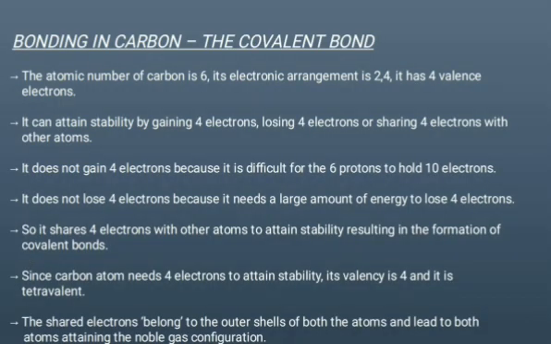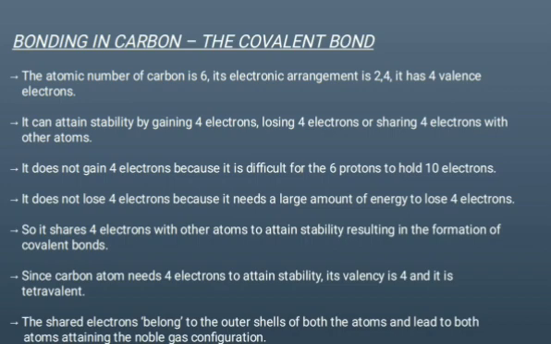Now, since carbon has 4 electrons in its outermost shell, it needs to gain or lose 4 electrons to attain the noble gas configuration. If carbon gains 4 electrons forming C4- anion, then it will be difficult for the nucleus with 6 protons to hold on to 10 electrons, that is, 4 extra electrons.